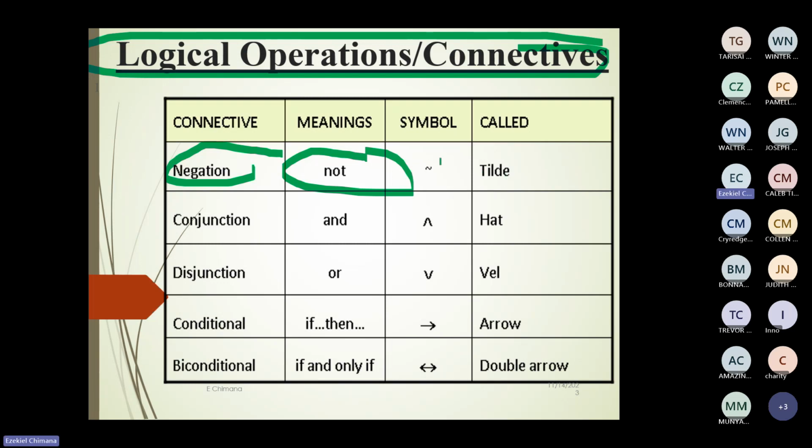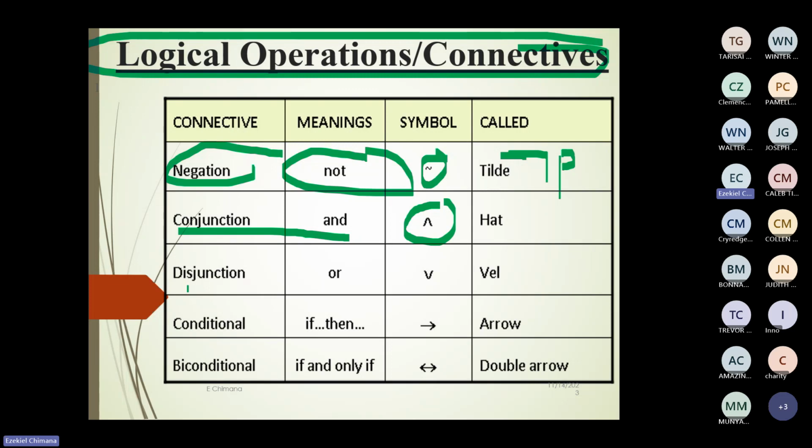It is normally represented by this symbol, or we can just write the negation of P. You can use that symbol as well. Then there is the conjunction, which is the AND operation, represented by this symbol, which looks like an upside-down V.